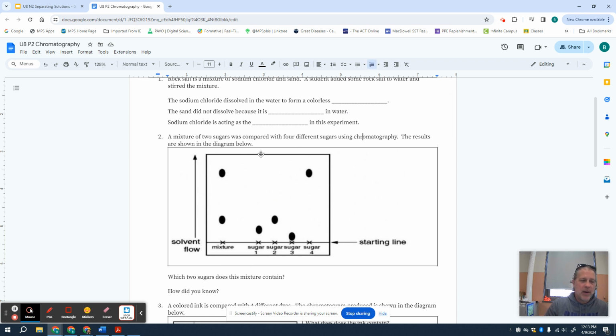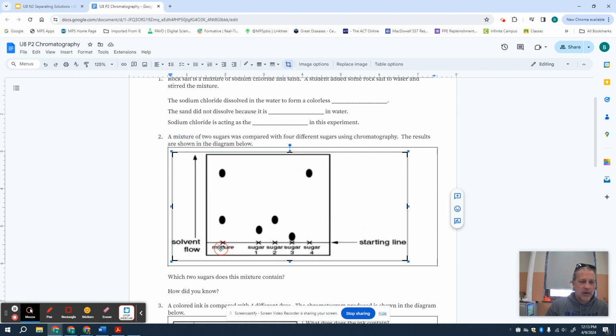In this diagram, we have our sample mixture at the bottom. It's a mixture of two or more sugars, so that's this part right here. And then we have samples of actual sugars here, like sugar 1, sugar 2, sugar 3, and sugar 4.